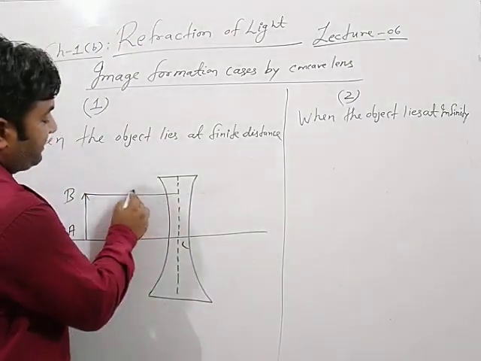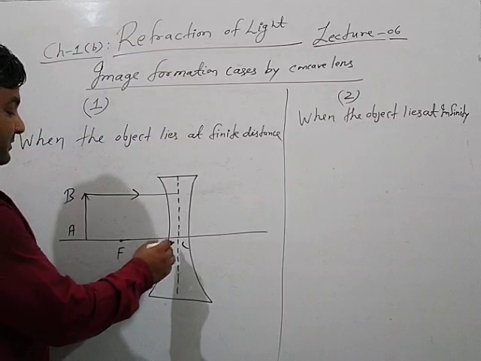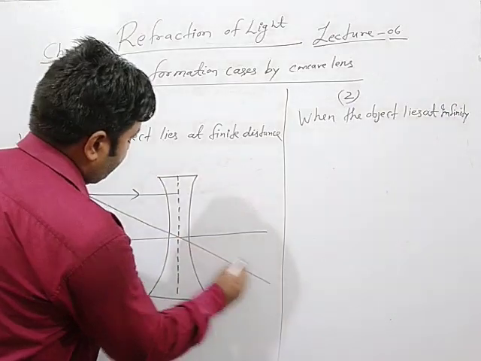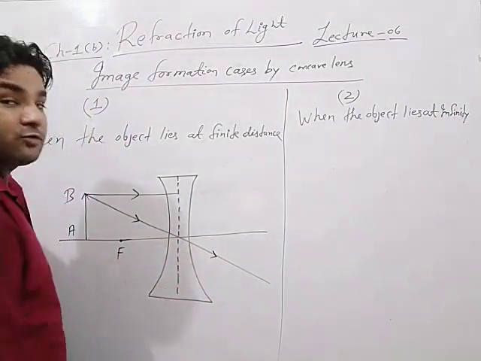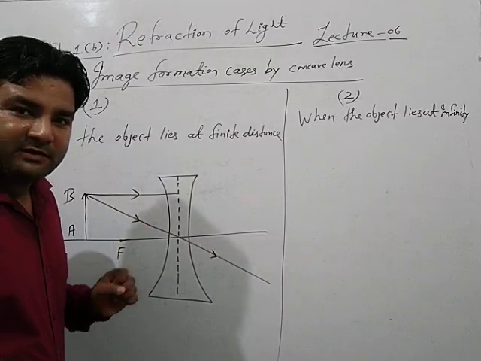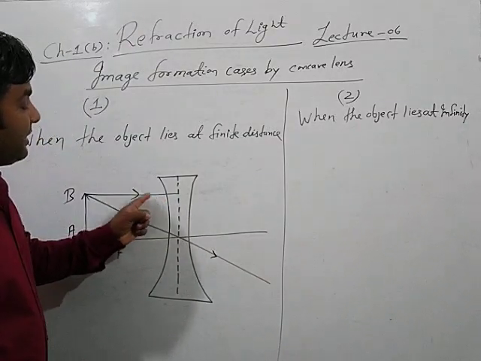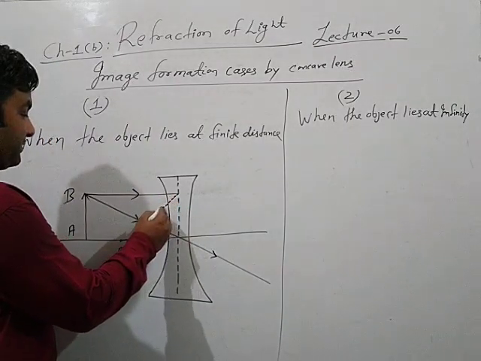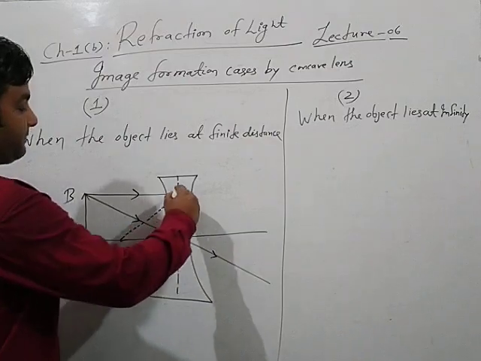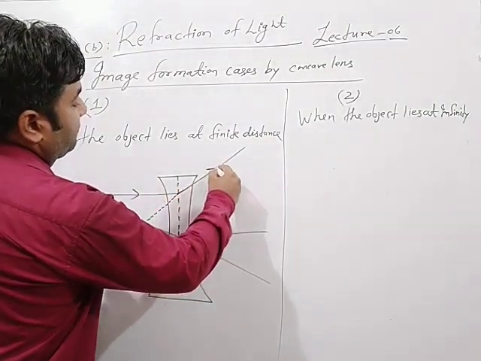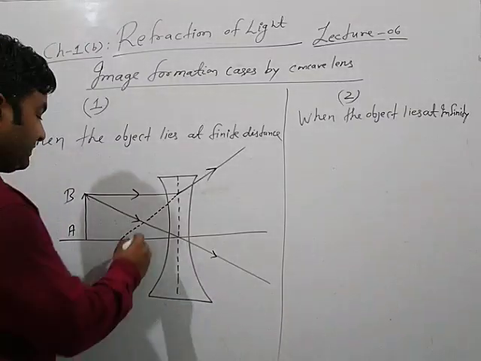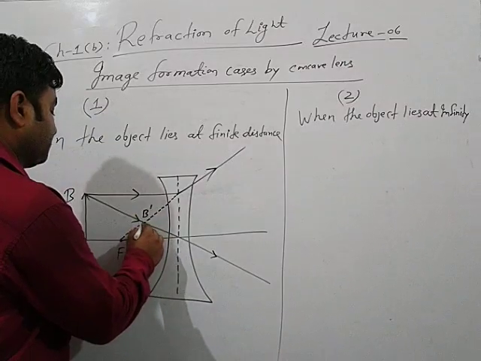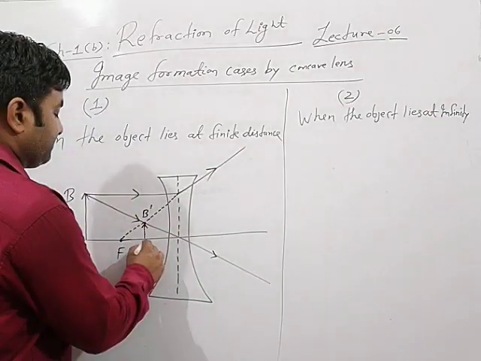Two rays are taken, one parallel to principal axis, another passes through optical center. Whenever the light ray passes through optical center, it goes straight without deviation. But when the light ray is incident parallel to principal axis, then after refraction it appears to be coming from focus. And where the light rays intersect, this is the image.